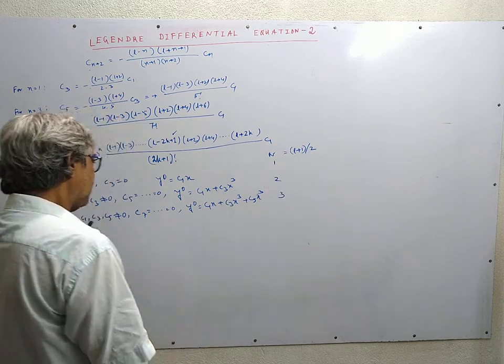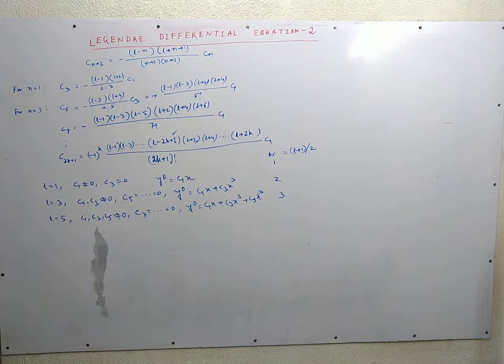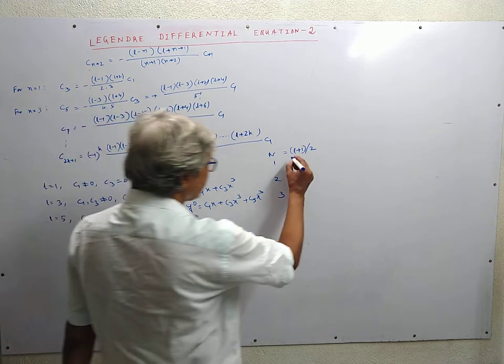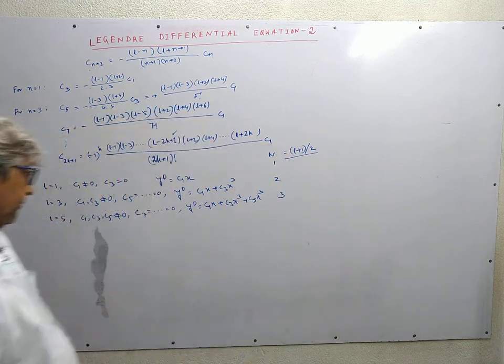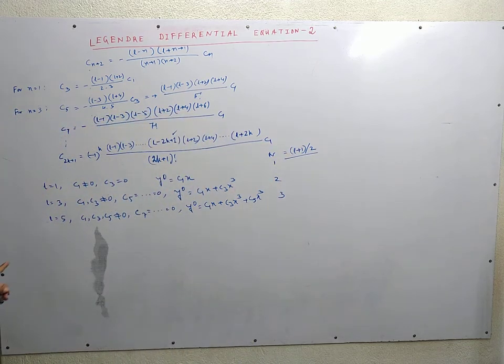So we see that if L is an odd integer, the odd series is a polynomial of order L, and the number of terms is given by this. But for even values of L, this remains as an infinite series.